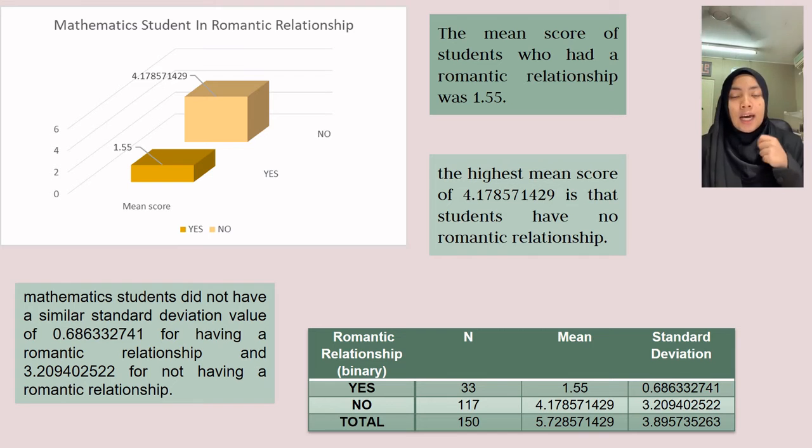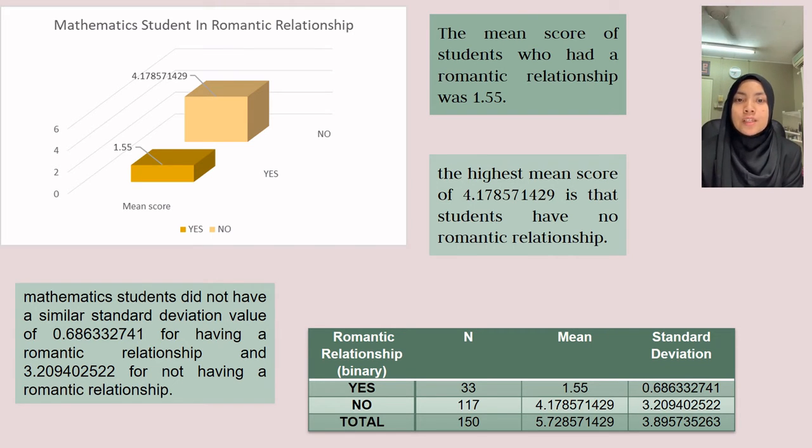So next, I will talk about the analysis of mathematics students in romantic relationships. I can say that the mean score of students who had a romantic relationship was 1.55, and the highest mean score of 417.8571429 is for students who have no romantic relationships.